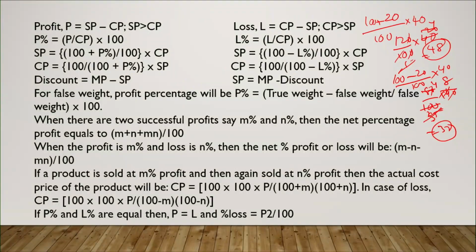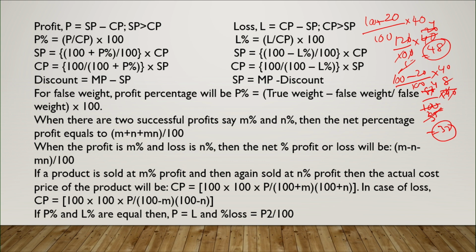Okay. So here the very important one is false weight. Profit percentage for false weight is (true weight minus false weight) by false weight into 100. This is a very important concept area also. There are 2 or 3 successive profits, m% and n%, then the net percentage profit is equal to how much?